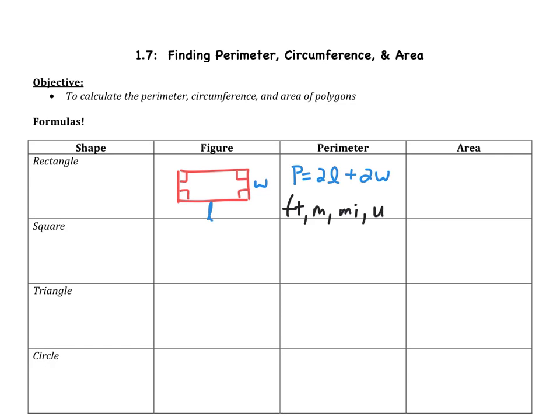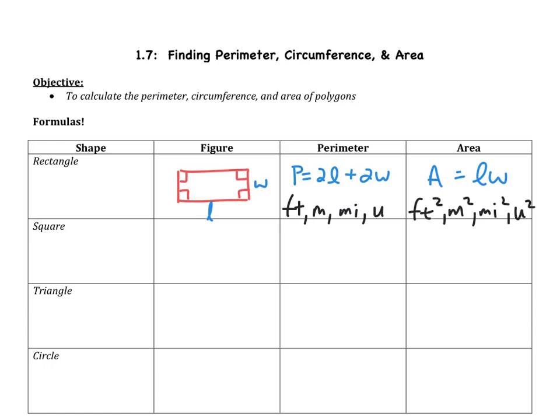But area, how do you find the area of a rectangle? Length times width. Its units are feet squared, meters squared, miles squared, units squared. Units we use when they don't tell you.